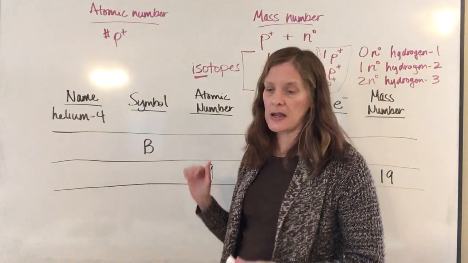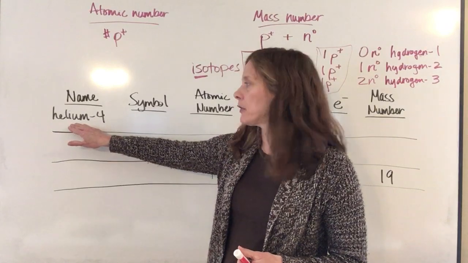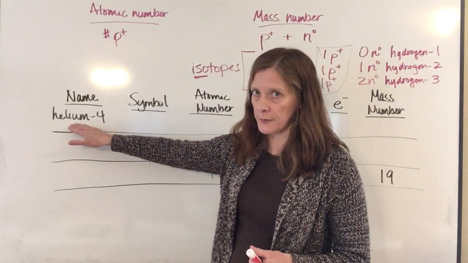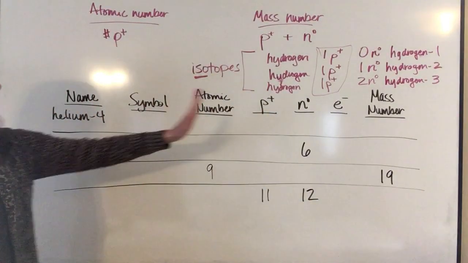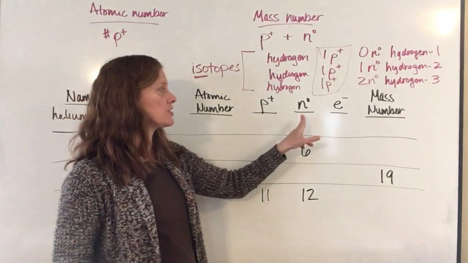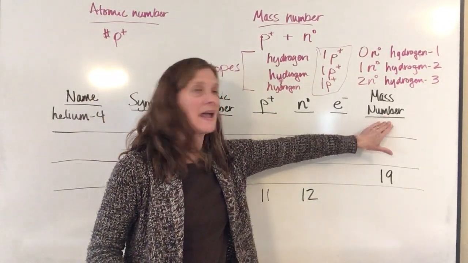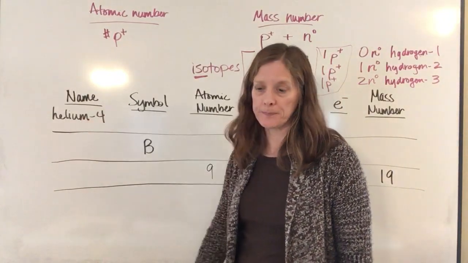In the first line, the only thing I gave you was that the name of the element is helium-4, okay? And we're going to fill in all the rest of this information. We're going to fill in the symbol, the atomic number, the number of protons, number of neutrons, number of electrons, and the mass number, and all we have to know is this piece right here.